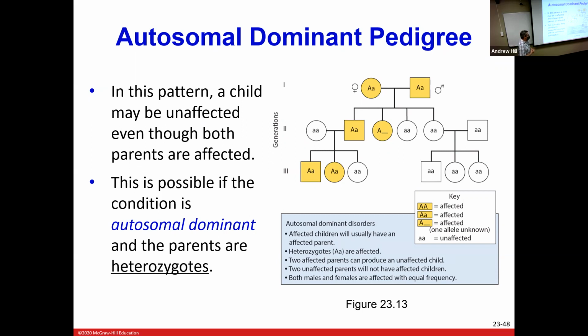Now, two affected parents, here's where it gets a little interesting. It's possible for 2 affected parents to produce an unaffected child. How does that occur? You can actually see that occurring in the very first generation, from generation 1 to 2, right? Why is that?